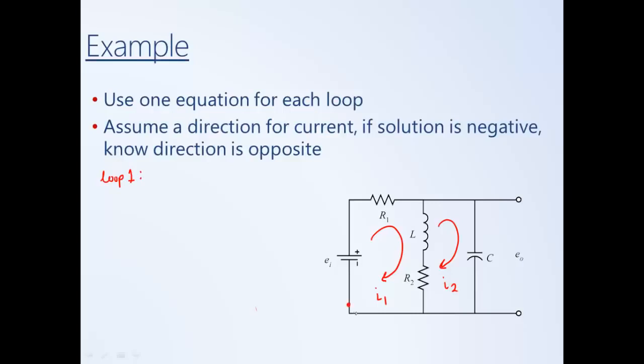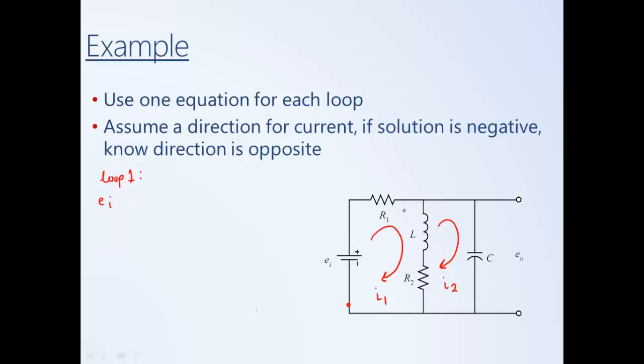And I'll pick a point in the circuit to start from. As we go around the circuit, first I'll come across this voltage source, which has a potential E1. And so if I'm assuming that this is ground, we will have an increase in voltage of E1.